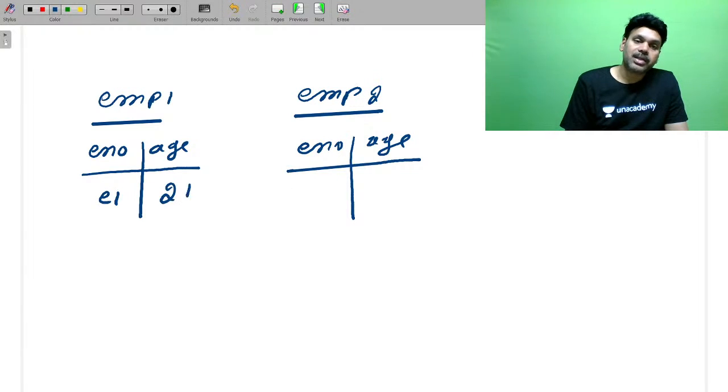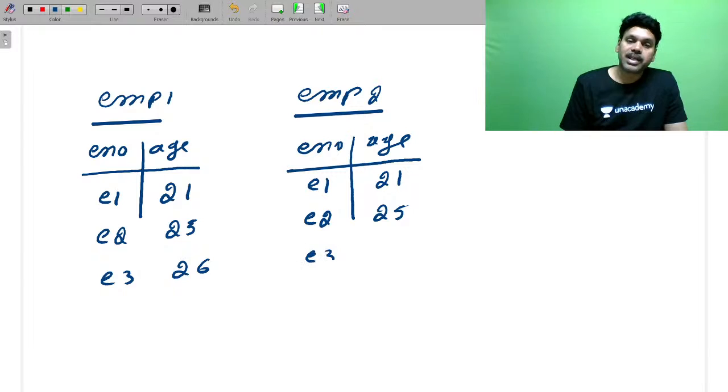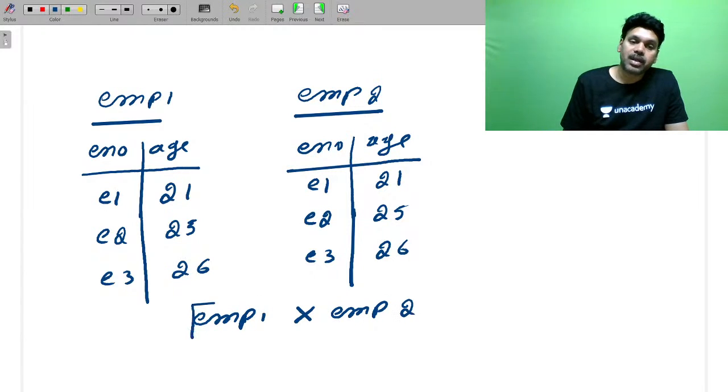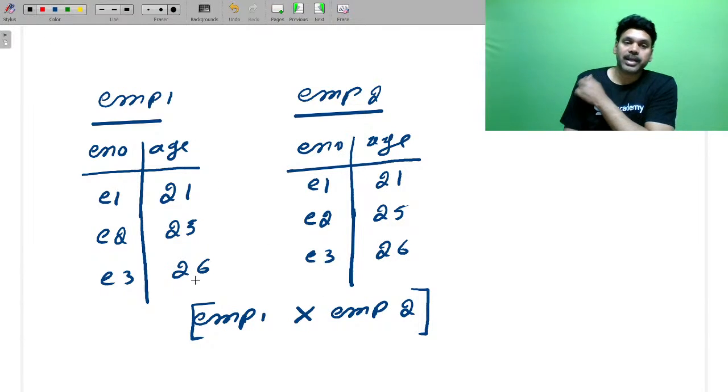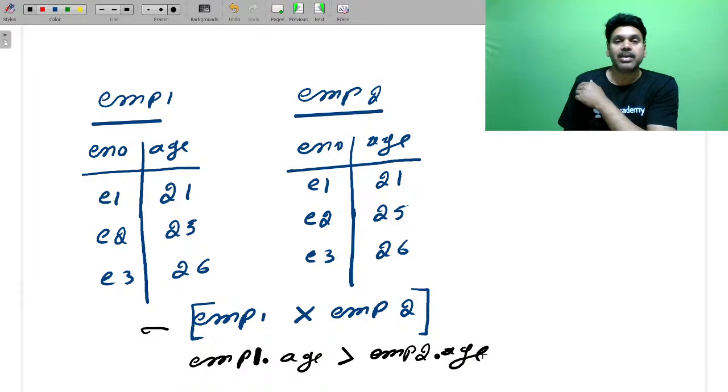So E1 is 21, E2 is 25, E3 is 26, and E1 is 21, E2 is 25, E3 is 26. Now I want to go for a conditional join. What is a conditional join? Employee 1 is going to join with employee 2. So what is the condition? The condition is employee 1.age greater than employee 2.age. So I put a restriction, a condition I am keeping.